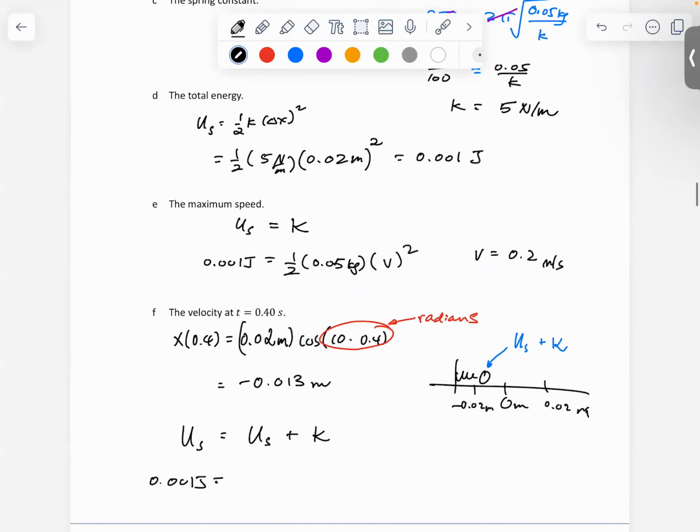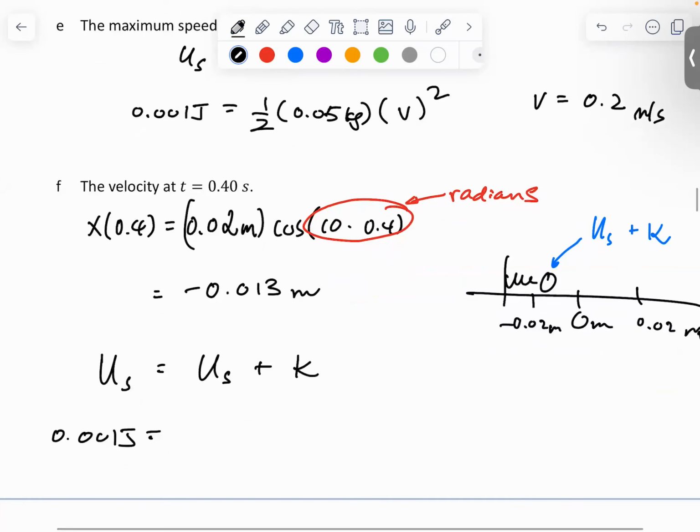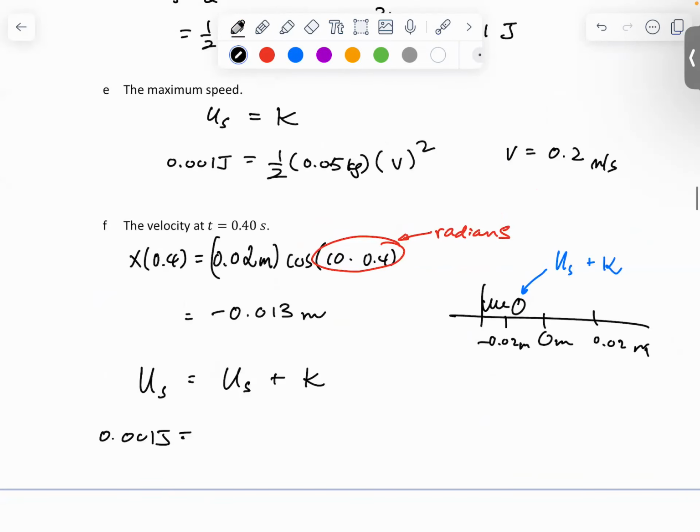So 0.001 joules, right? It's what we had for the total. Now we have to make sure that we have the right position, which we do now. And 1/2 K x squared plus 1/2 m v squared. So you're looking for v right here.